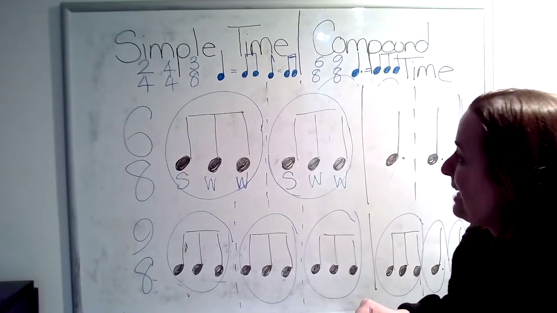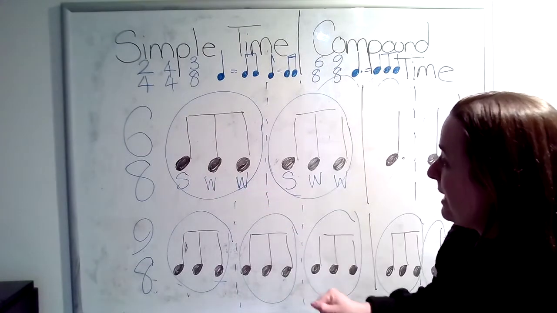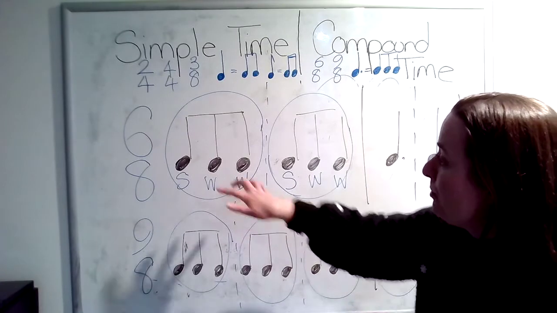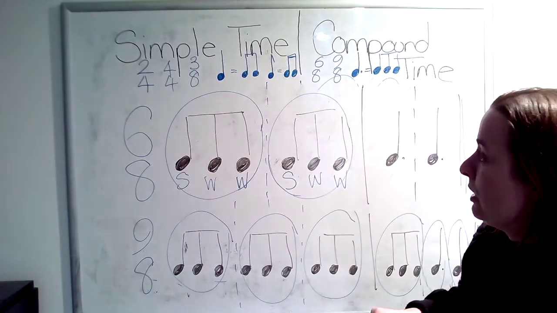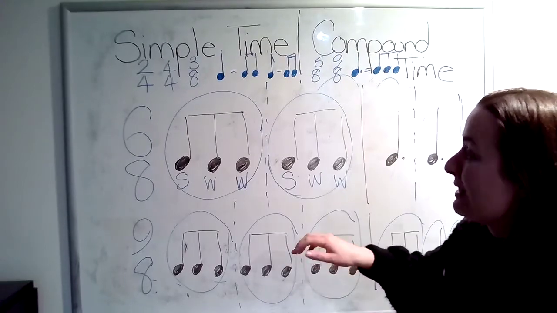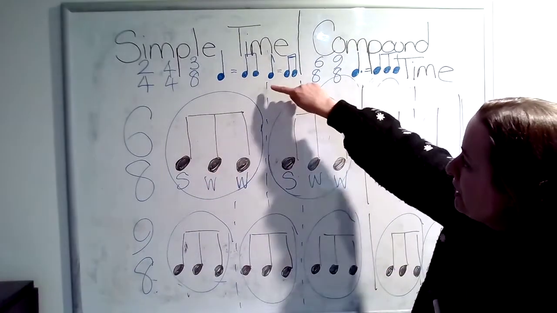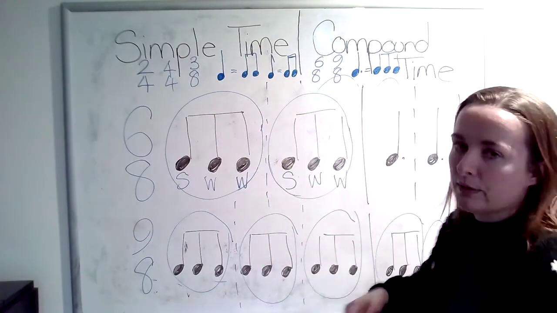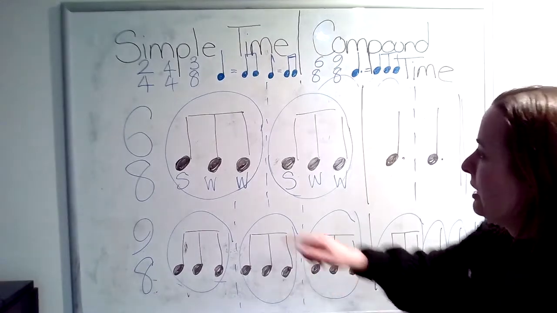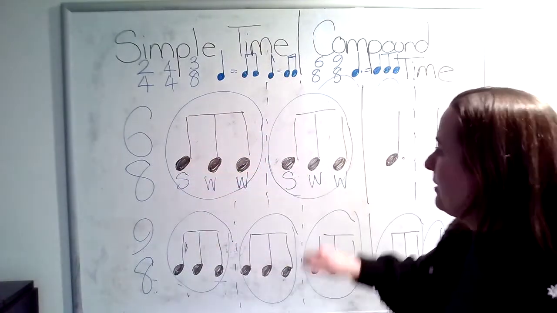So in 6/8 compound time, we group in 2 dotted crotchets in a bar. So it's actually compound duple time. I've just put a little imaginary dotted line through the middle. Obviously you don't see that in your music. So this is beat 1, all 3 quavers are grouped together.